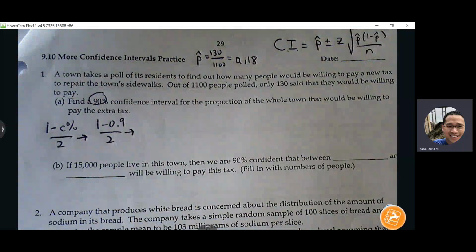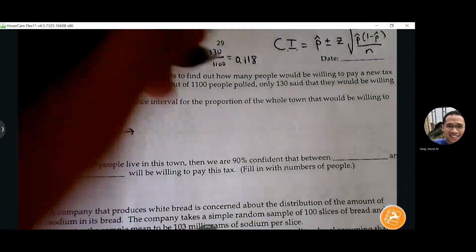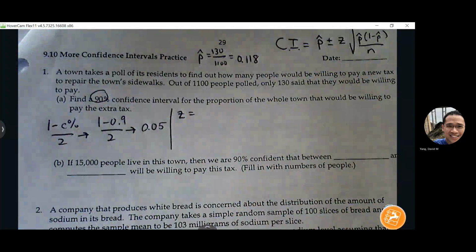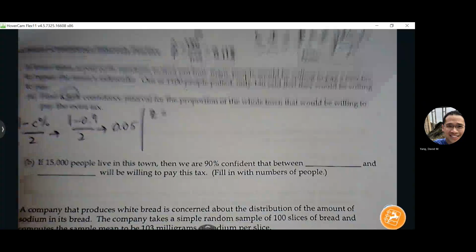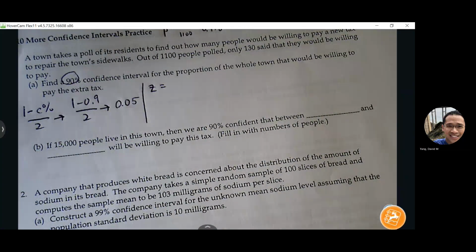Now we can pick the Z score from page 2. 0.05.